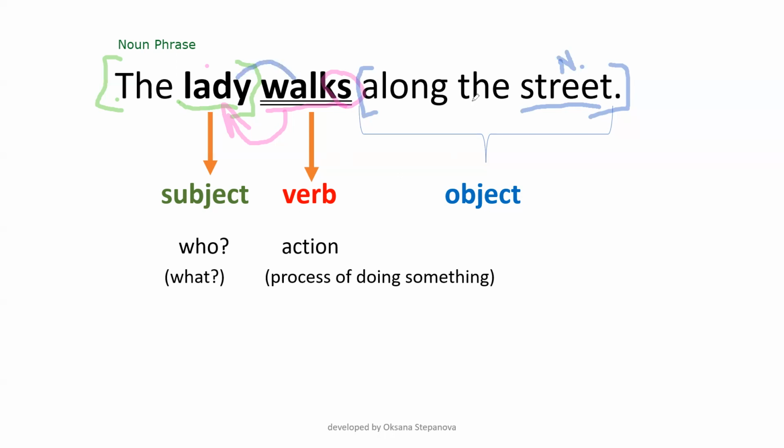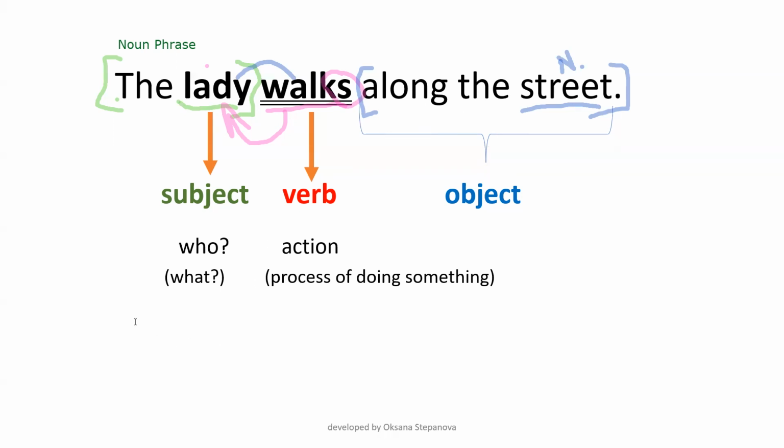The rest is just more information about the situation. The object usually gives more information about the situation, but at the very beginner level, intermediate level, your teacher will look at this agreement if you use it correctly.